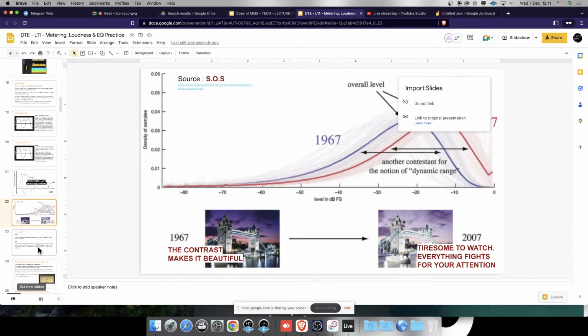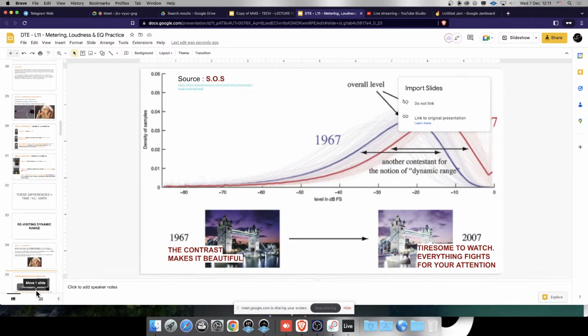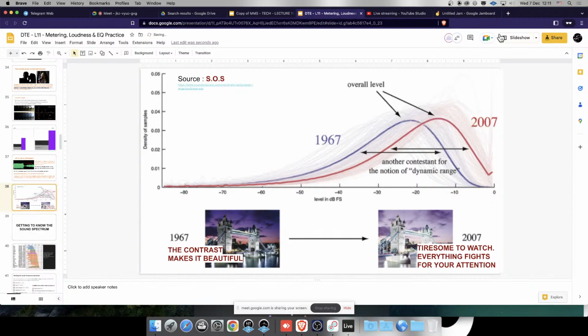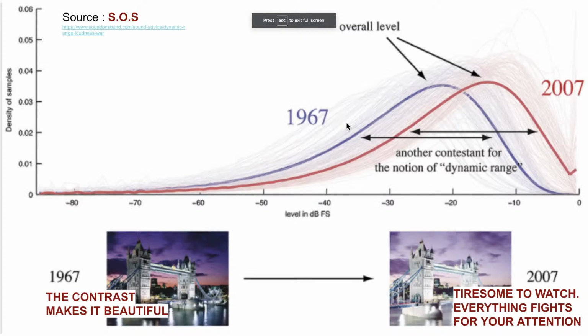So the last thing I put here is an article, and I really invite you to check it out. Really do. It's a conversation about the loudness war, and what it means that people were trying to become louder and louder over time.